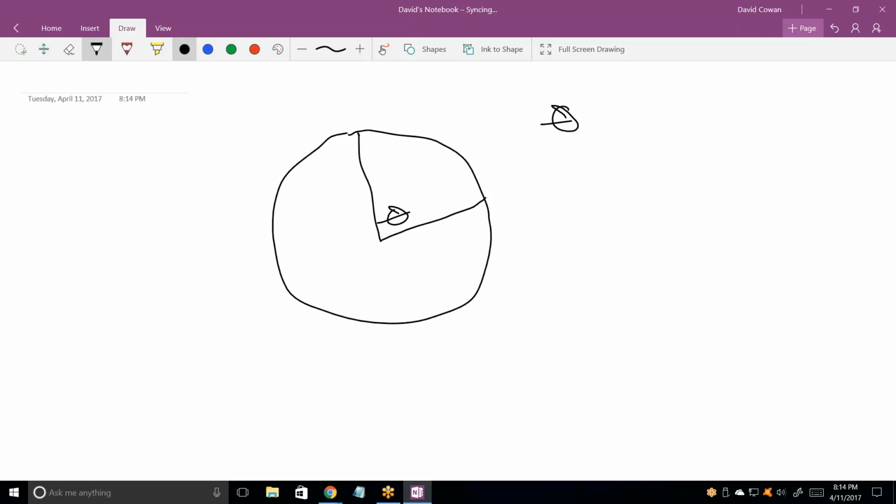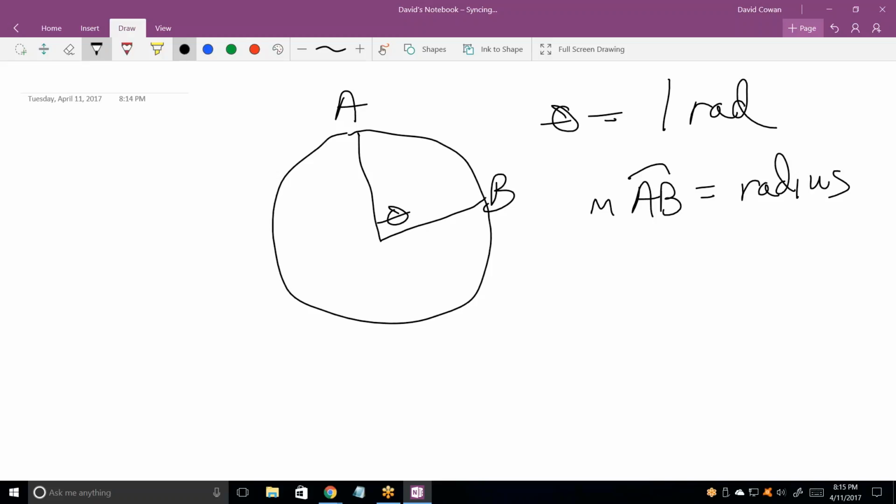If theta equals 1 radian, then the measurement of arc AB, you know what that means, equals the radius. So whatever the radius is, let's say the radius was 2, then the measurement of AB would be 2.